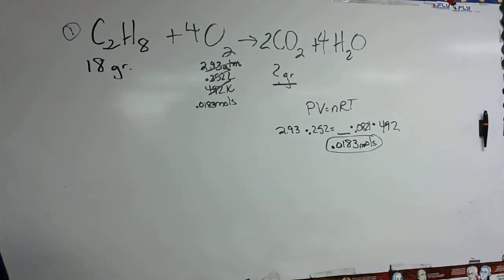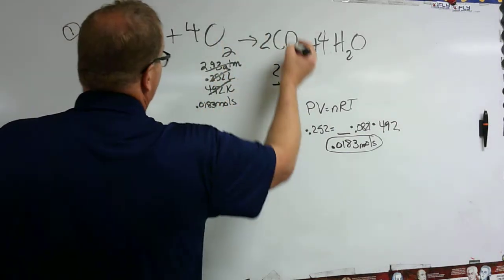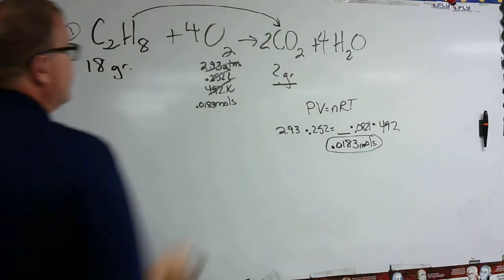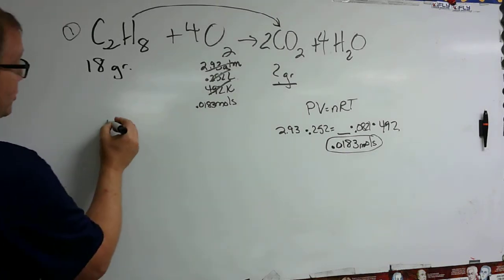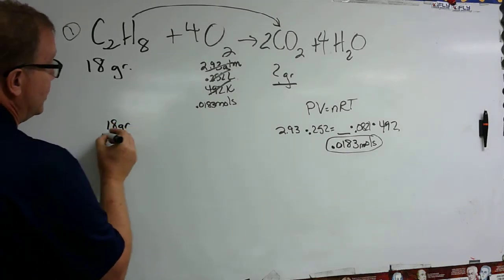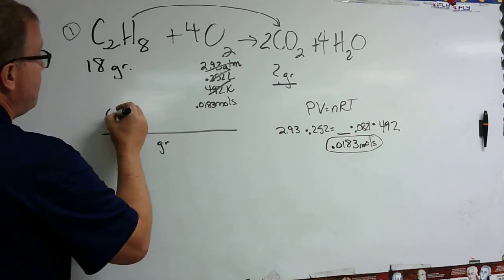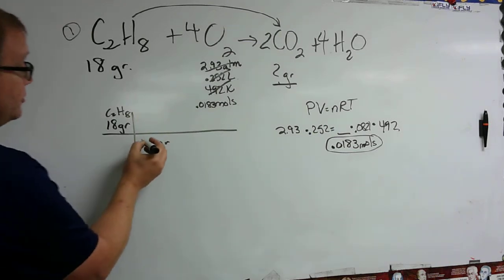Now we just do our standard stoichiometry, so we're going to go from here to here because it says question mark. So everything has to go to this one because that's what we're trying to find. And we're going to go 18 grams of C2H6. I will do a mass for that, which is 32.